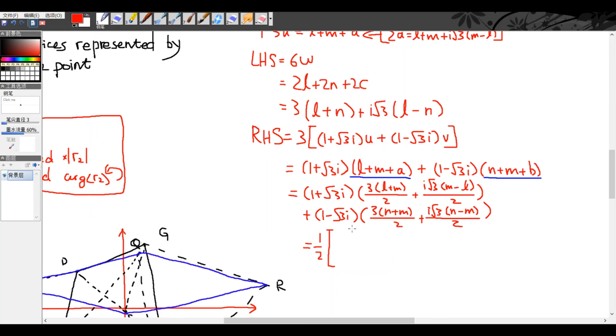So we have 3L plus 3M. We firstly multiply this by 1 and then by the square root of 3i.